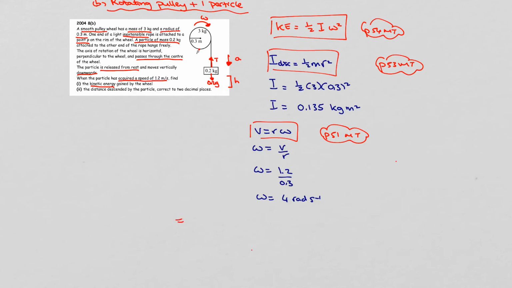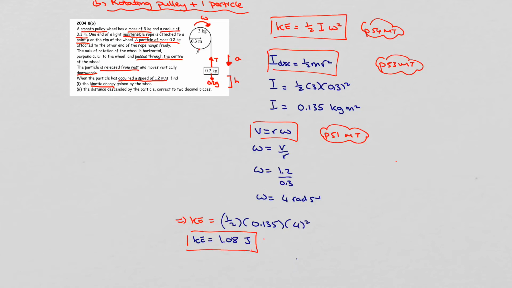So we say therefore the kinetic energy of the wheel is equal to a half times I times omega squared, and therefore our kinetic energy is 1.08, and of course our unit for energy is joules.